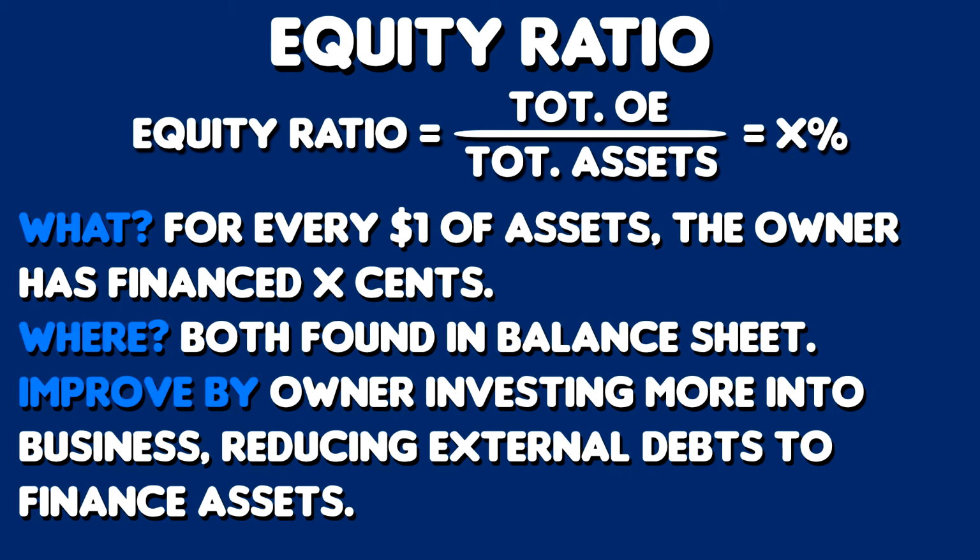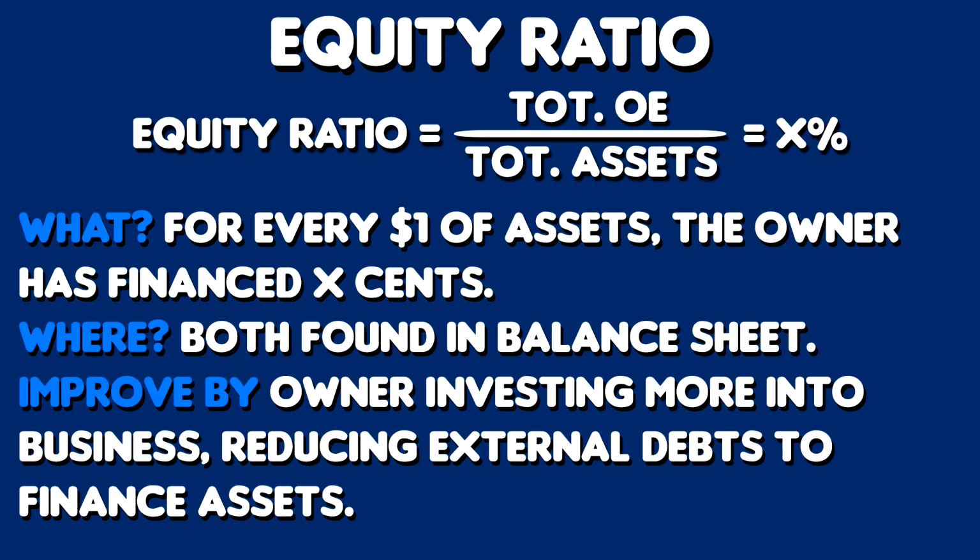The equity ratio is a gearing ratio. So gearing is telling us how much of the business's assets are funded either internally or from external debt. So this one here is telling us, because it is total owner's equity over total assets, for every $1 of assets, the owner has financed X amount of cents.